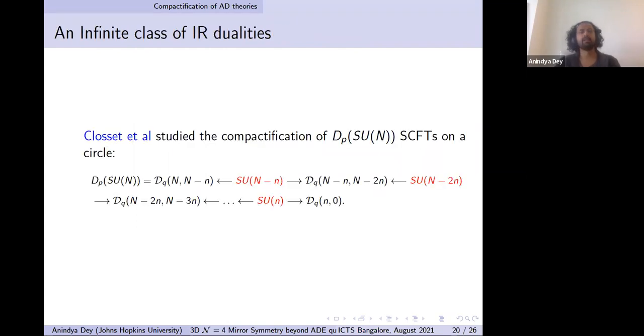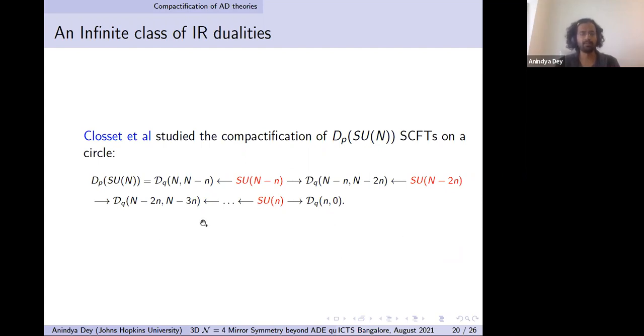Now, very recently, there is another paper by Cyril Closet and friends who also study the compactification of DP-SUN SCFTs from a slightly different perspective. What they observe is that these DP-SUN SCFTs can be written in a partially weakly coupled description, which means that it could be written as a set of isolated SCFTs in 4D, which are glued together by SUN vector multiplets.